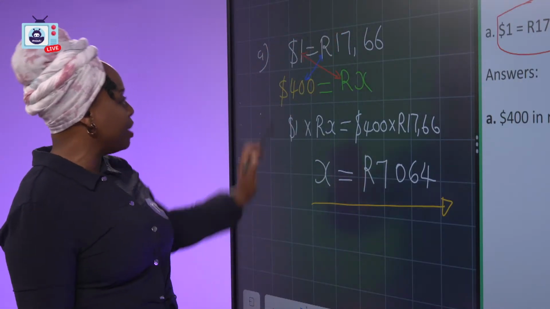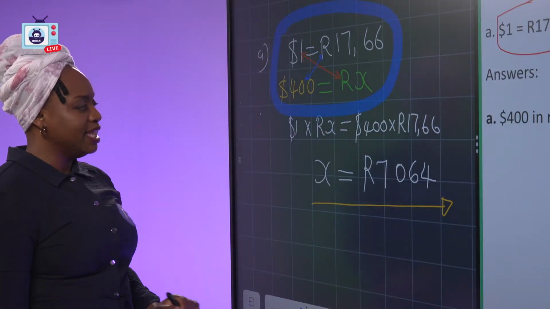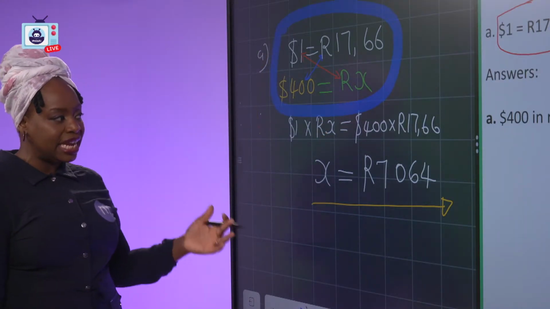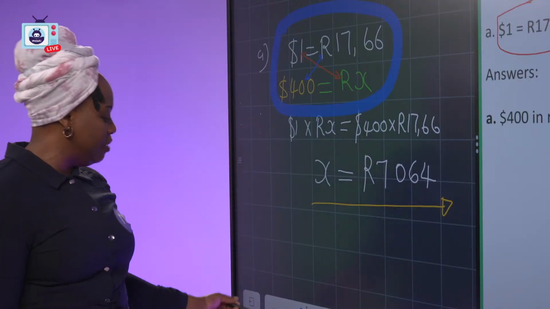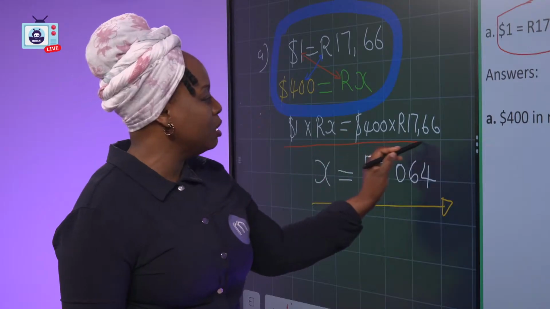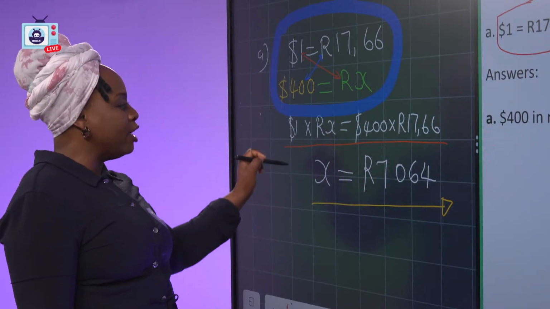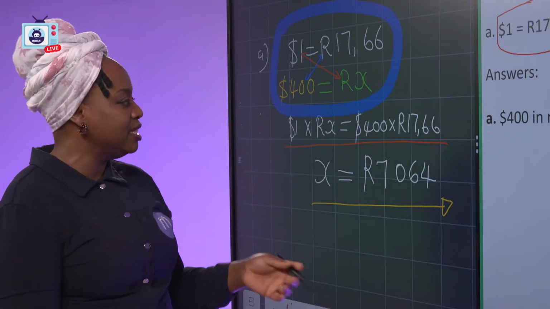If you have practiced a lot and you understand how to deal with exchange rate calculations or any kind of calculations, you can leave that out and go straight to the step of multiplying. So you don't even have to show that $1 multiplied by the X rand.